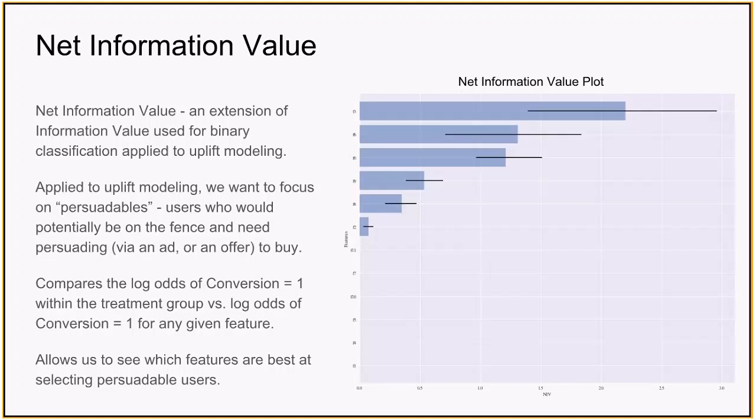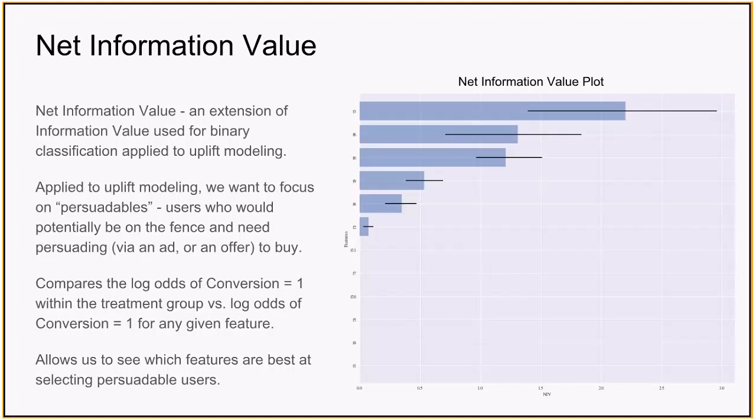So basically, how often does a given feature, basically what is the presence of that feature when the target variable is 1 versus 0?